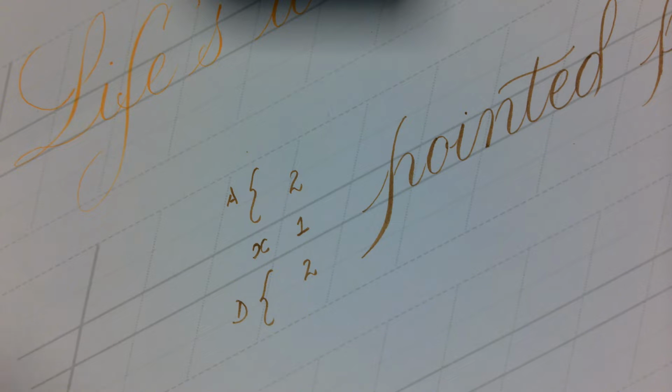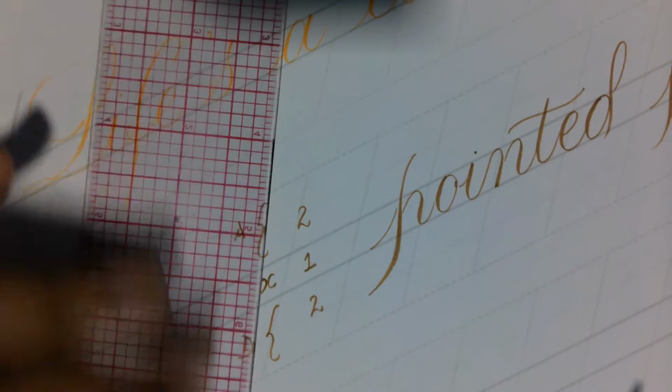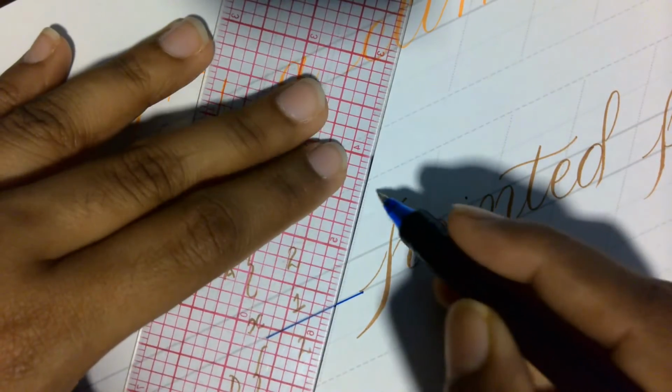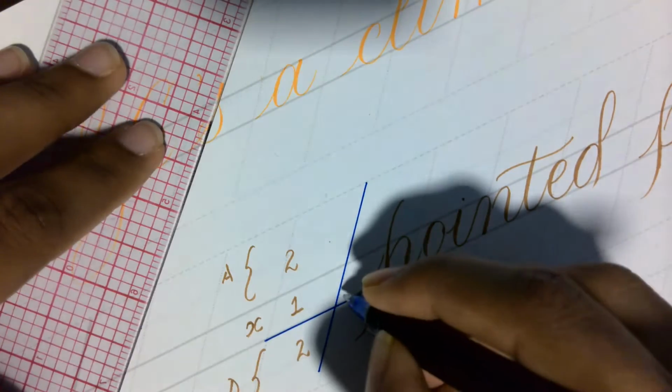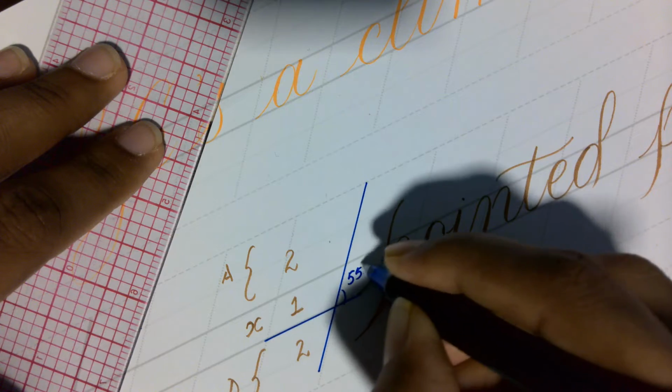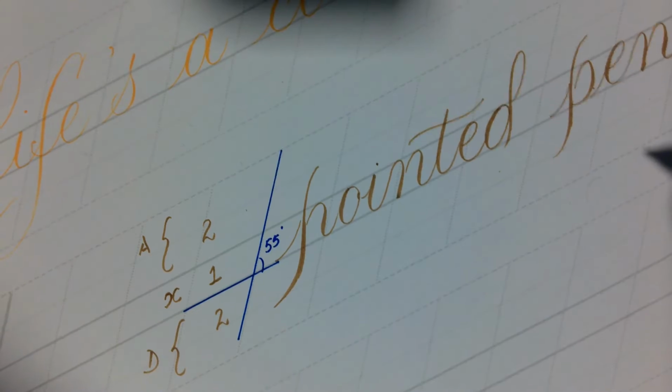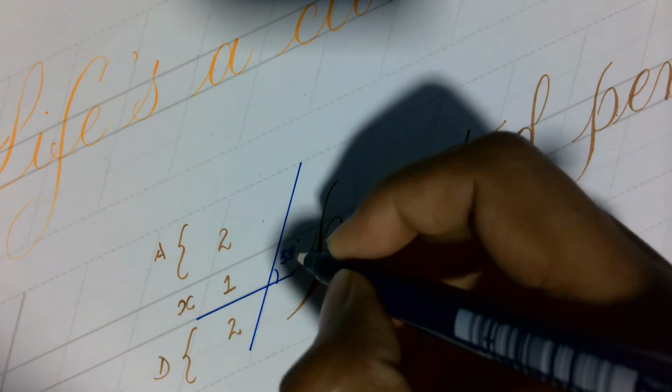The next most important aspect is the angle of slant. If I consider this to be my baseline, the angle of slant is at 55 degrees, or 52 degrees for Spencerian, with respect to the baseline. With the pointed pen tool, you have to align the pen along the angle of slant.